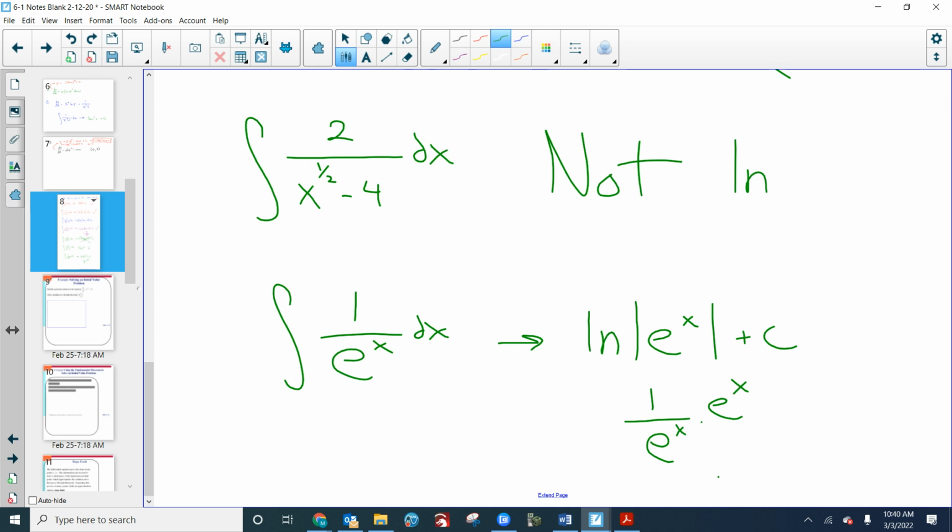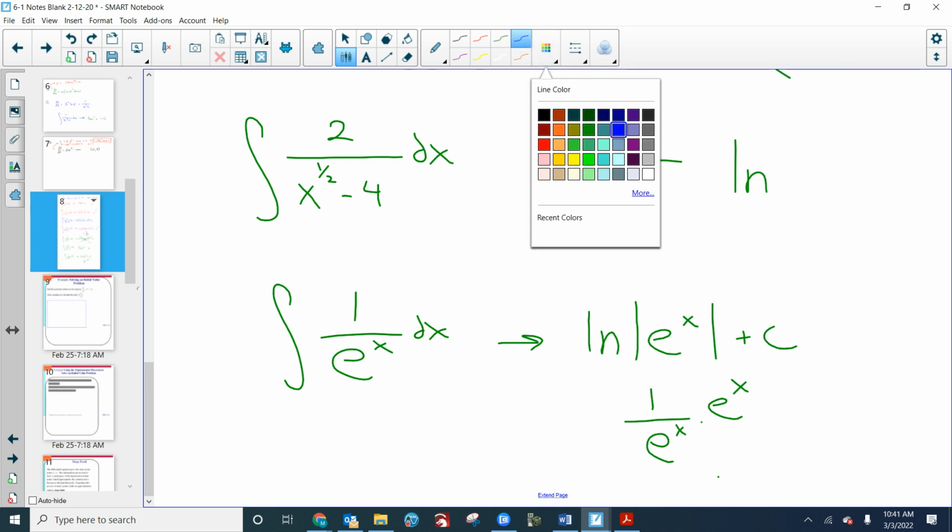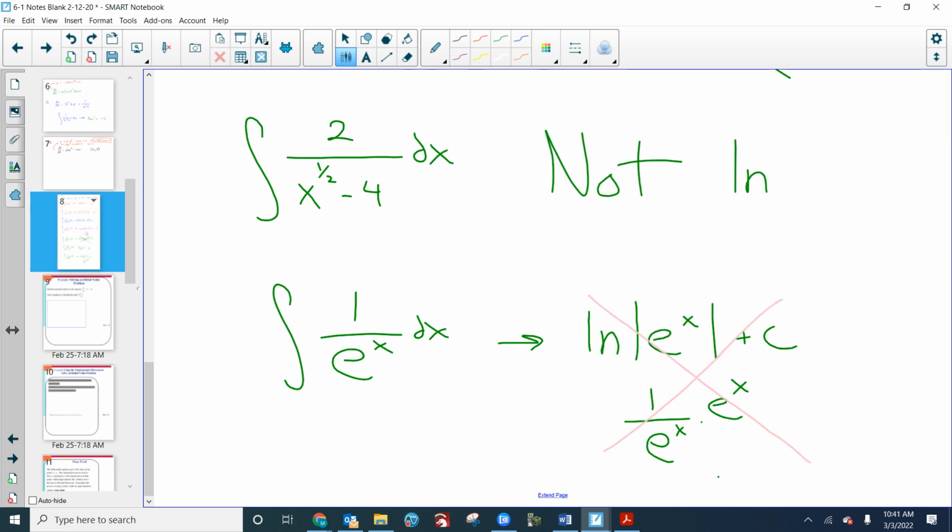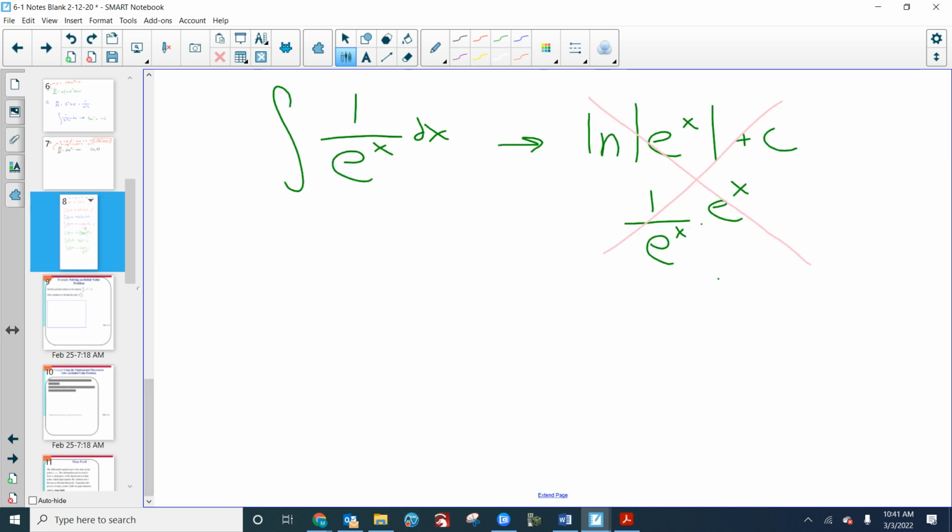Wait a minute. Yeah, that's just 1. That's not that. Not 2ln. You know what? That one wanted a different color. We'll give it a different color. So let's keep trying.